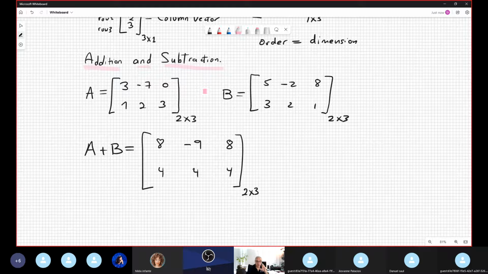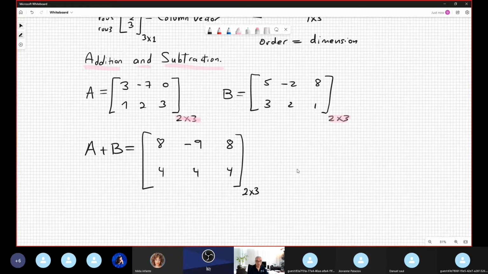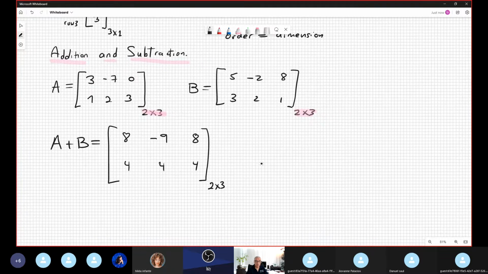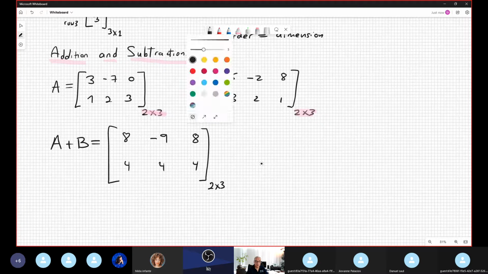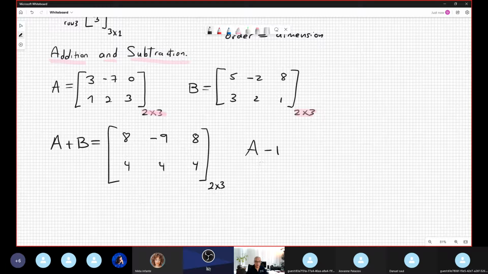So an important requirement for adding or subtracting is that the matrices have the same dimension. With a different dimension? Impossible. Now subtraction. Subtraction is easy, and it is a particular case of the addition, but you have a minus in front of the subtrahend, so you change its sign.